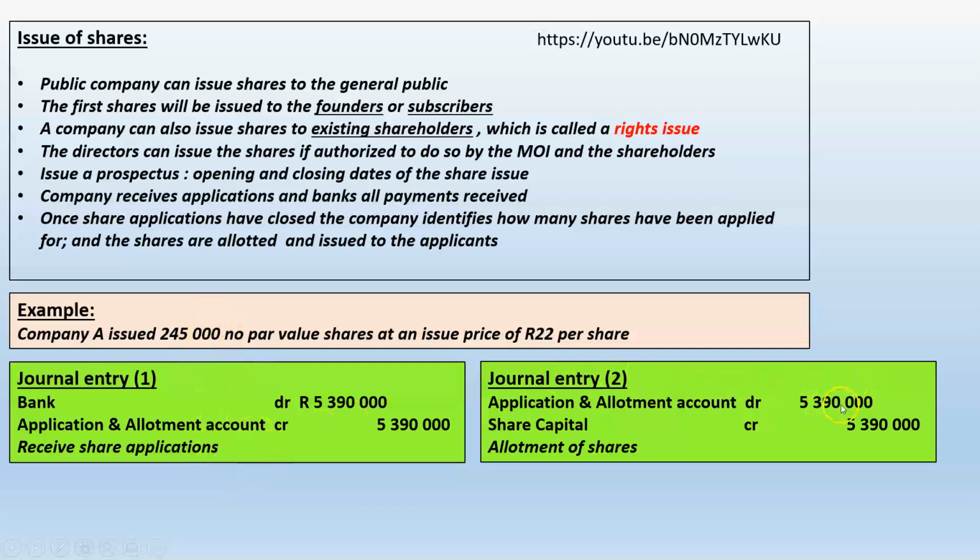So therefore we're going to debit this application and allotment account, so you can see that will disappear out of our accounts, and we're going to credit ordinary share capital with 5,390,000. So now we know that we have issued the shares, and only now can the company start using this money which is lying in the bank.